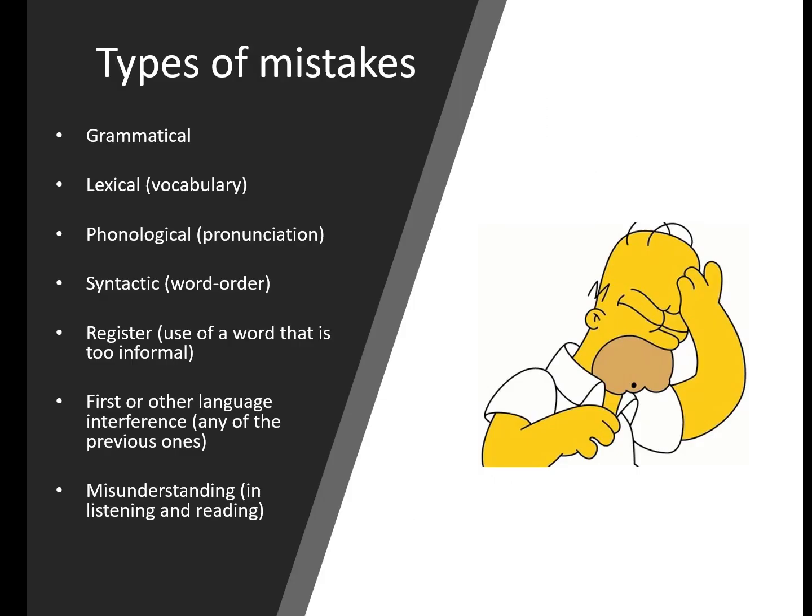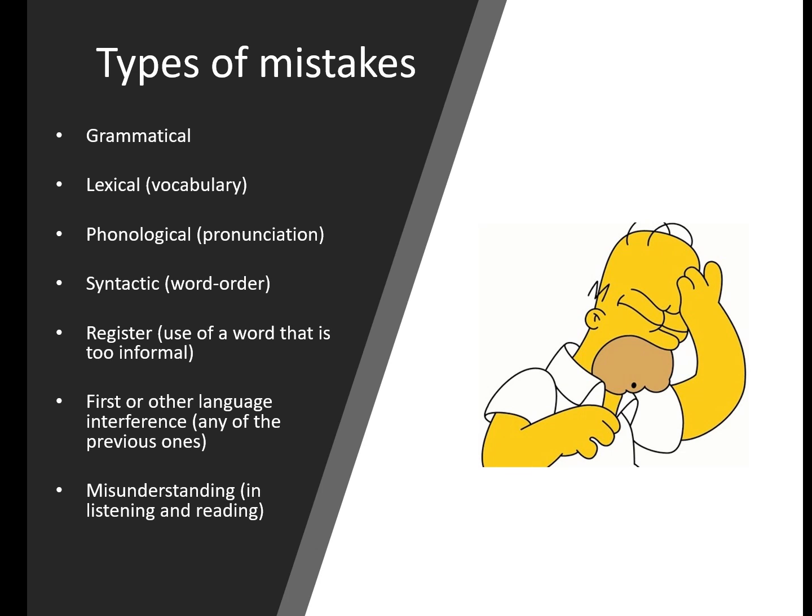Now, as you know, students make a lot of different types of mistakes as they're learning a new language. Let's take a look at some of the most common types of mistakes that teachers encounter. So mistakes can be grammatical, relating to grammar or grammar structures, maybe a conjugation error, for example.